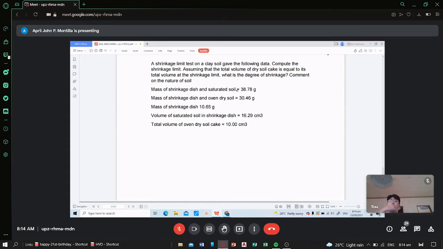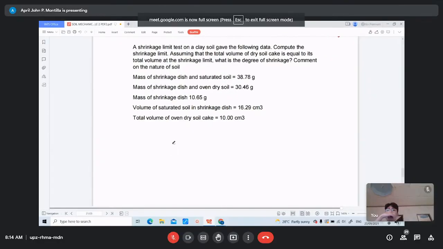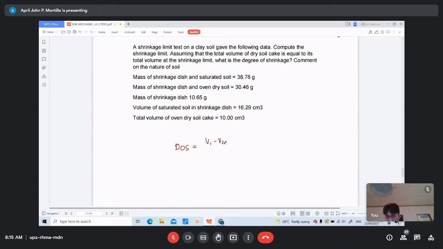No? So, what is the degree of shrinkage daw? Degree of shrinkage, ginawa na natin kanina yan. Ano yung degree of shrinkage formula, Jaira? DOS is equivalent to? V1 minus V2 over V1 po. Okay, that is correct. No?